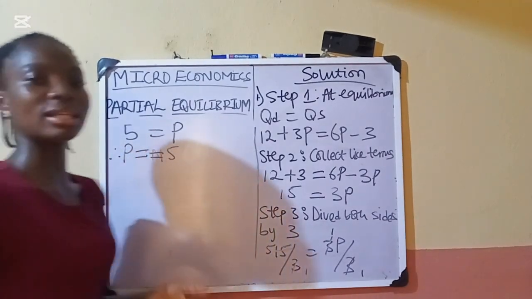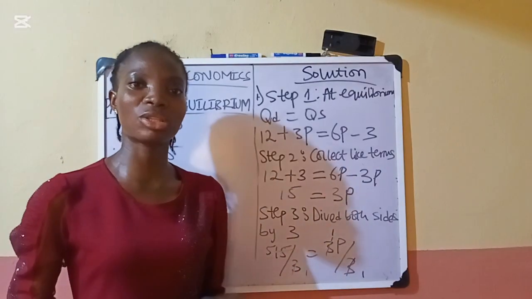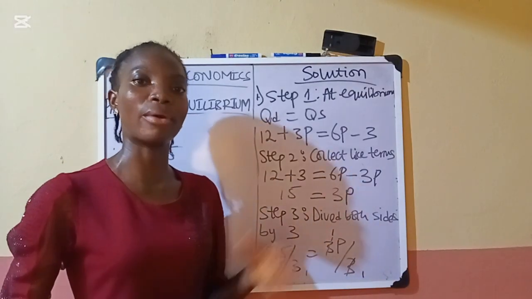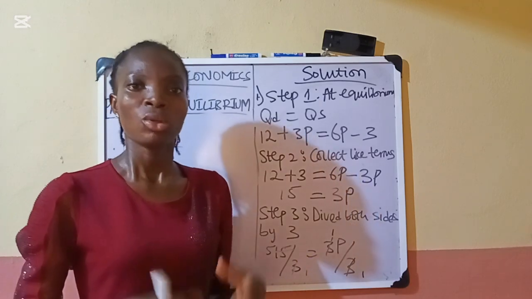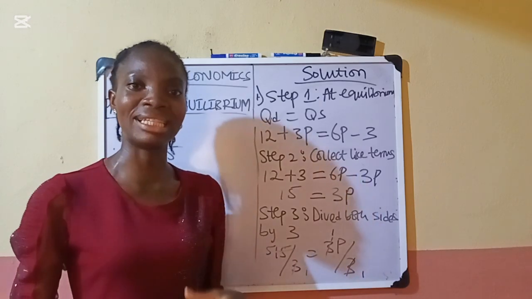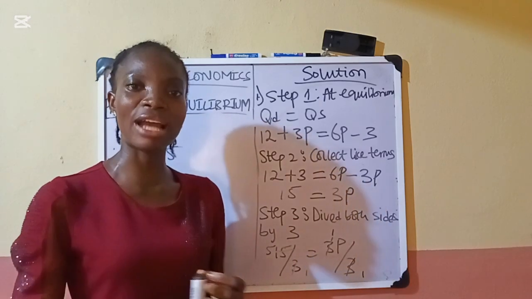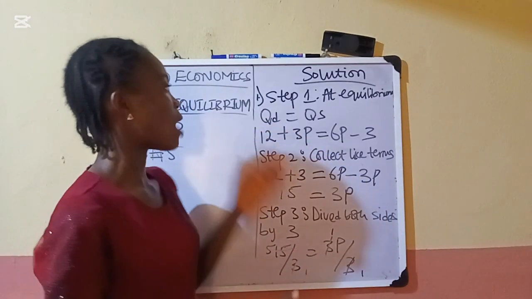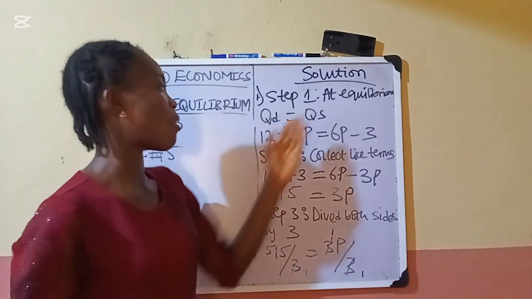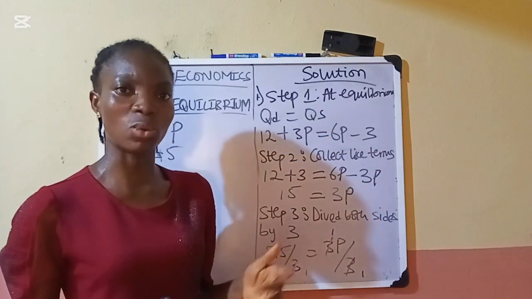Now that we have gotten our equilibrium price, remember the question says determine the equilibrium price and equilibrium quantity. To get our equilibrium quantity, you simply substitute, that is, put in the value of P, which is 5 naira, in either our quantity demanded equation or our quantity supply equation. This is what I mean.